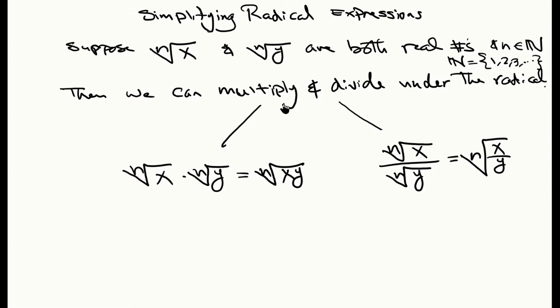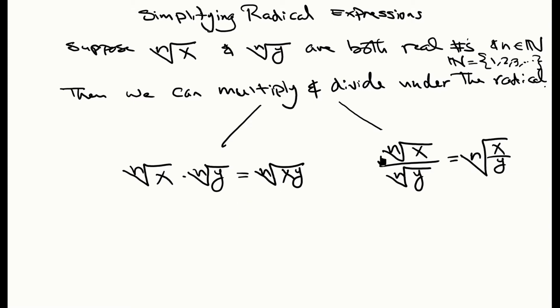Now, one nice thing that we can do is if we have two nth roots, notice the index needs to be the same, and we multiply two expressions like this, which are both nth roots, then we can go ahead and multiply under the radical in this way, and we can also divide under the radical.